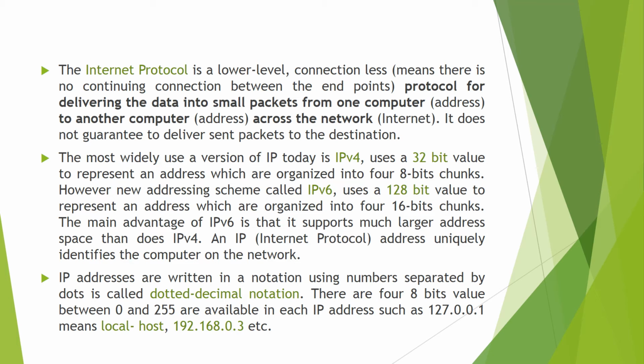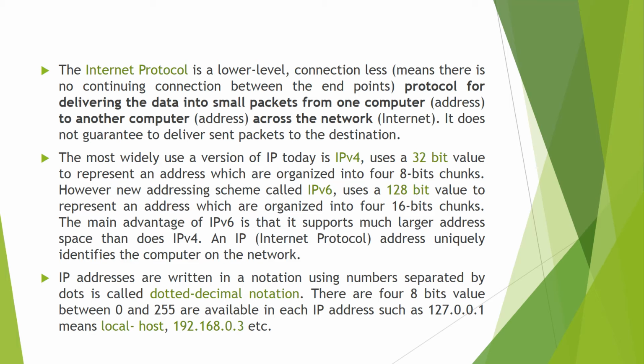IP. The Internet Protocol is the low-level connectionless protocol for delivering data in small packets from one computer to another computer across the network. It does not guarantee to deliver sent packets to the destination. The most widely used version of IP today is IPv4, that is version 4.